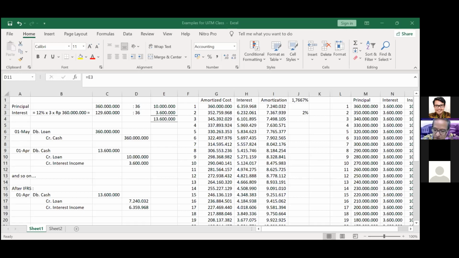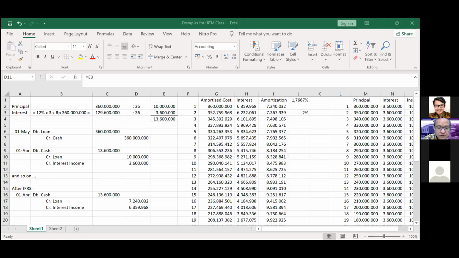What is the difference between IFRS 9 and before? If before IFRS 9 the journal entry is only this, then 1 year after this, you have to make a loan loss provision for 49 million.